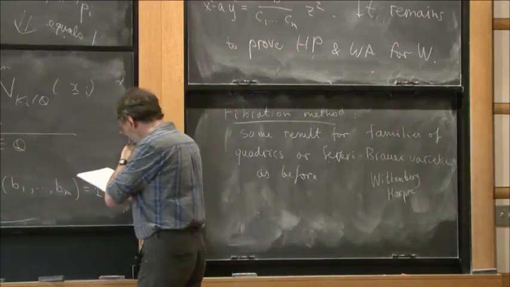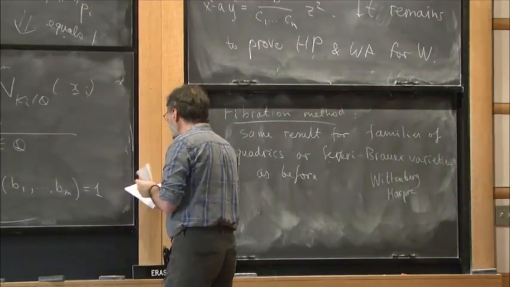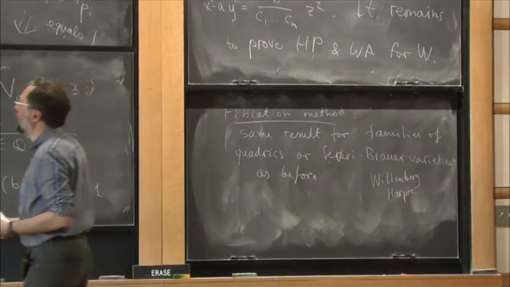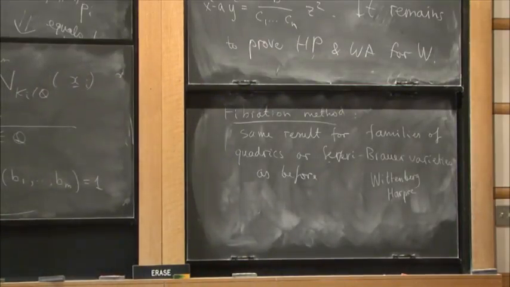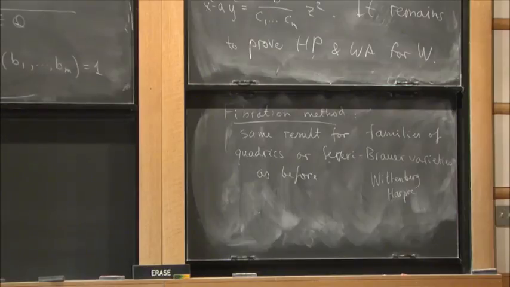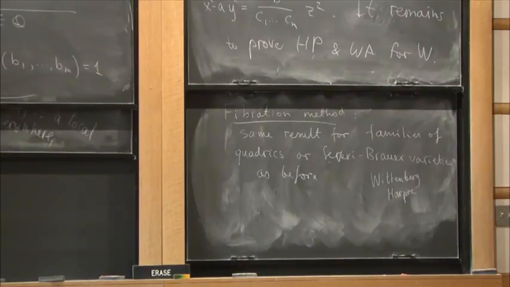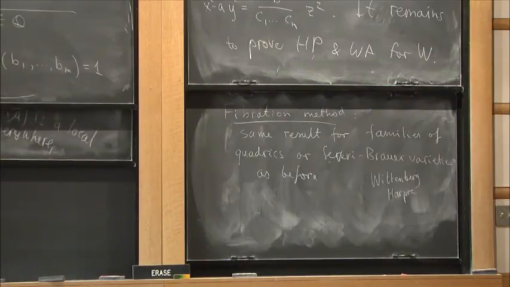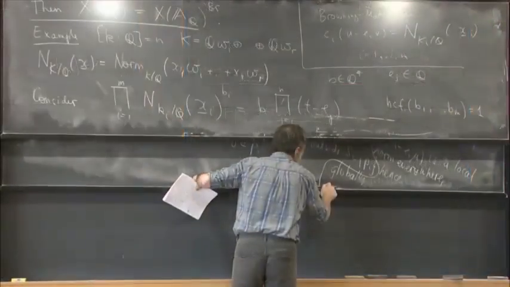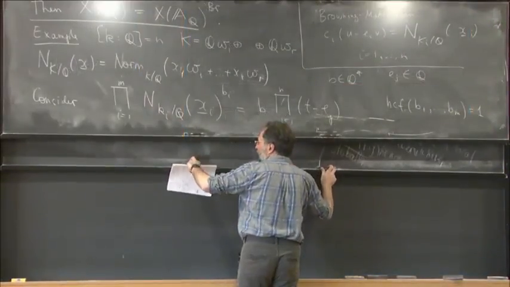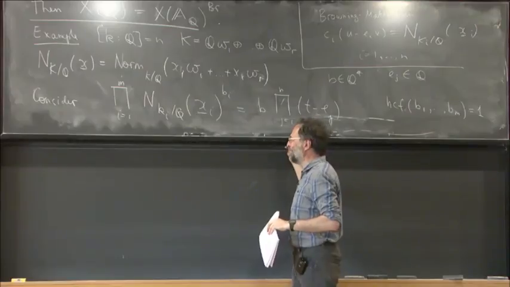So finally, let me finish with a negative result. Now we sort of understand better what happens for the Brauer-Manin obstruction. That seems to be appropriate.